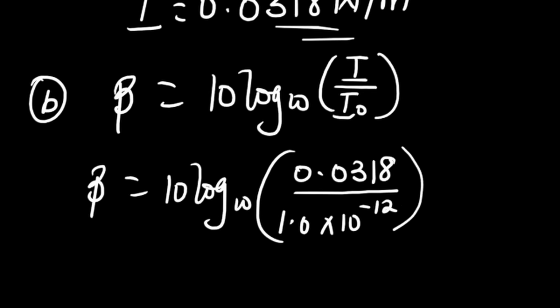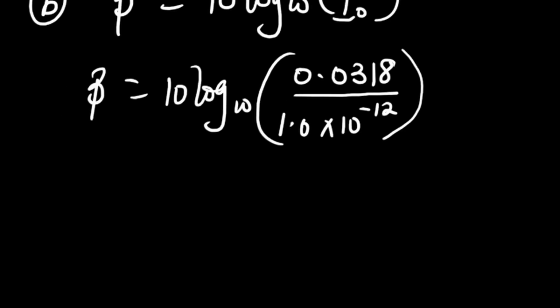Then you close the bracket. So let's go ahead and solve it. We have 0.0318 divided by 1.0 times 10 to the power of minus 12. I'm getting 3.18 times 10 to the power of 10.